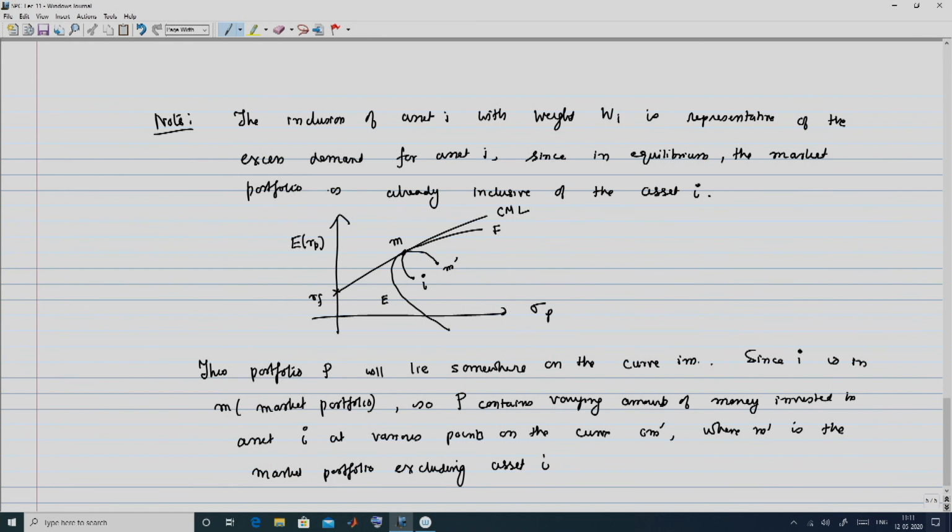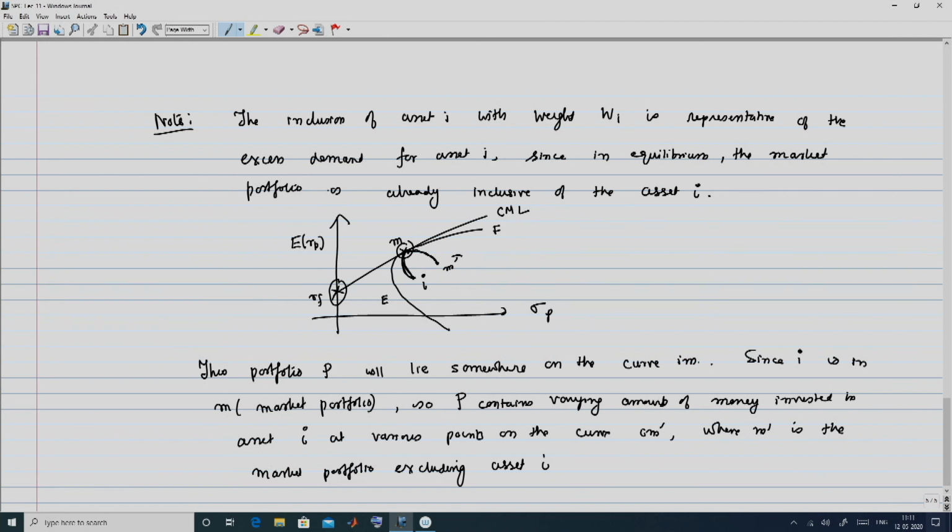See, if you observe carefully the CML, the line joining RF with M: when you have RF, this basically means that you are invested exclusively in the risk free asset, and M means that you are invested in the market portfolio. In an analogous way, when I consider a portfolio P, that portfolio is going to lie on this line. Now, if you are invested in the ith asset, then you are here. If you are invested in a combination of the ith asset and the market portfolio, then you are lying on this curve, not the line but rather the curve.